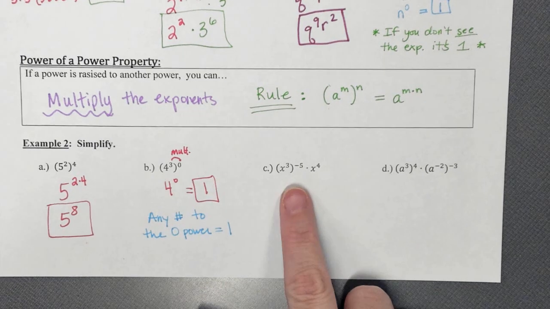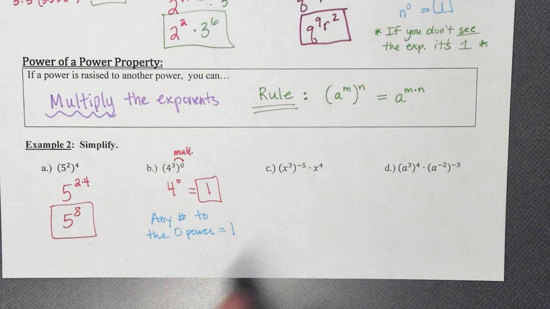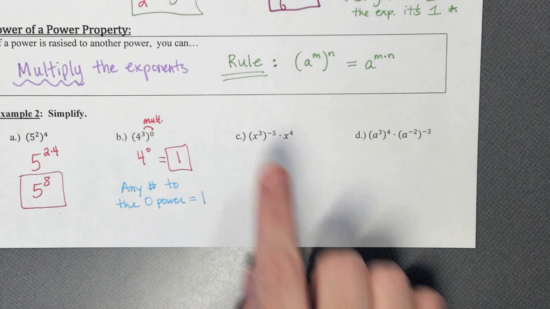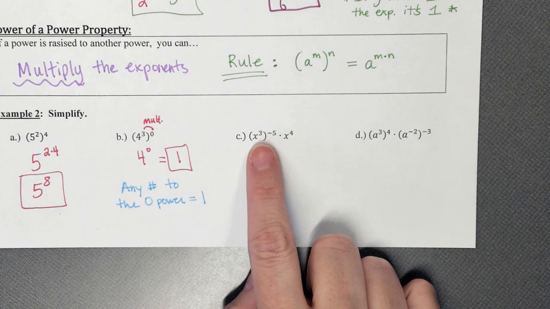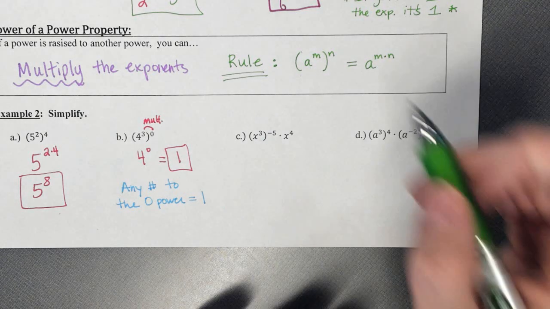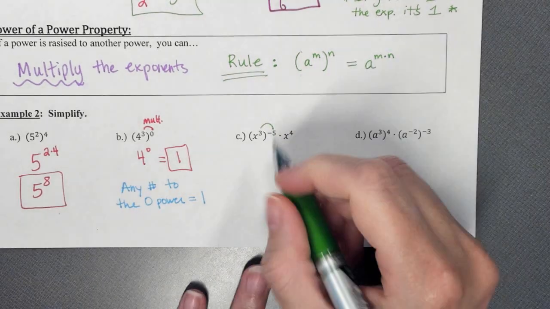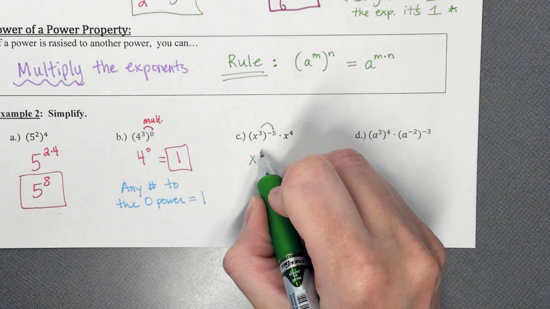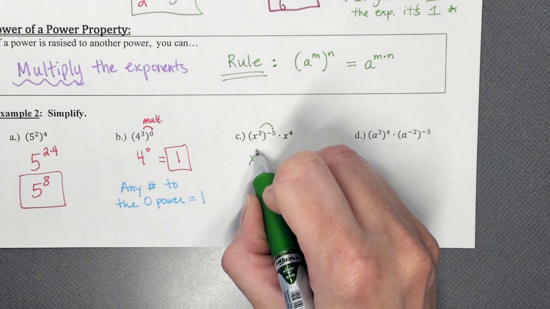Okay, now we're going to see some of these combos. Okay, and those can be a little bit overwhelming at first. So what I like to do is just simplify any powers to a power, because that's going to undo your parentheses. Okay, so if we do 3 times negative 5, do we know what that's going to be? It would be x to the power of, yep.